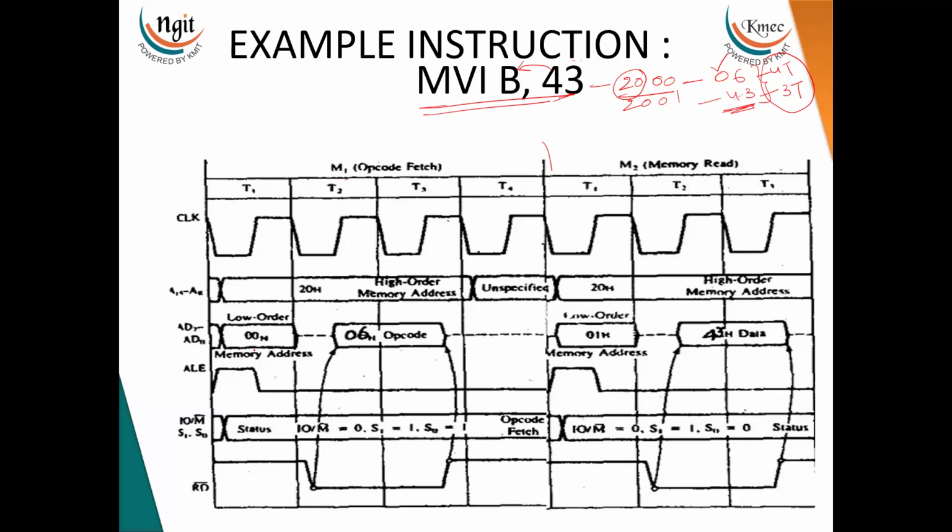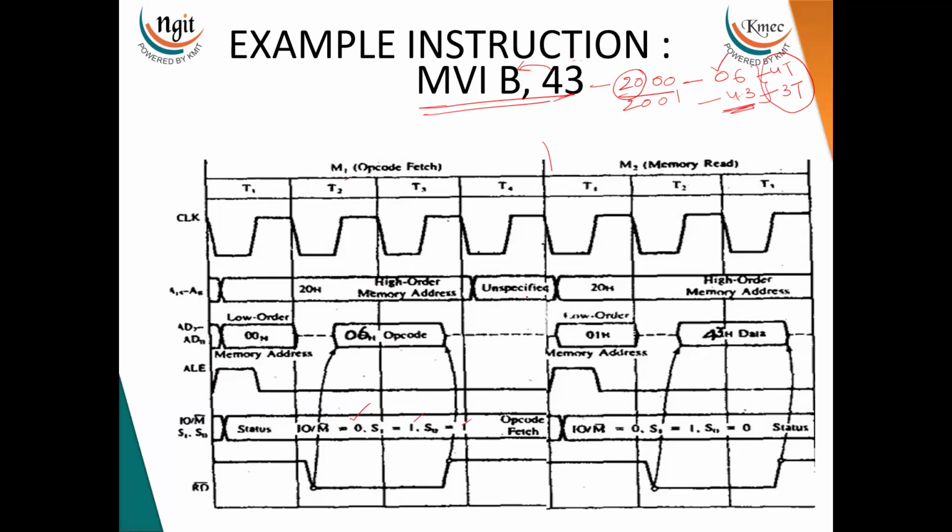When it is enabled, the lower order bus is acting like an address bus, and after that it is acting like a data bus. So in the opcode fetching, the opcode is placed on the data bus when the read signal is applied. Now this is a status. Memory is accessed, that's why IO/M is 0, and fetching is taking place, so both the status signals are 1.